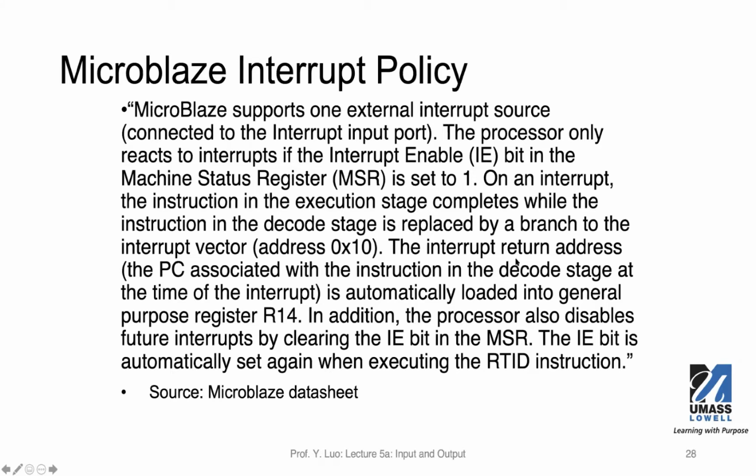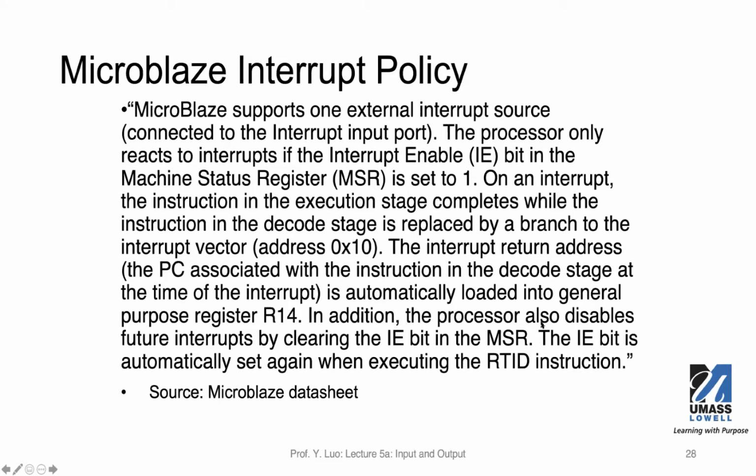The interrupt return address is automatically loaded. That is basically the next instruction the microprocessor was planned to execute if there were no interrupt. Now we have an interrupt, so the address of that next instruction will be saved, so that later on when the ISR finishes, the processor can get back.